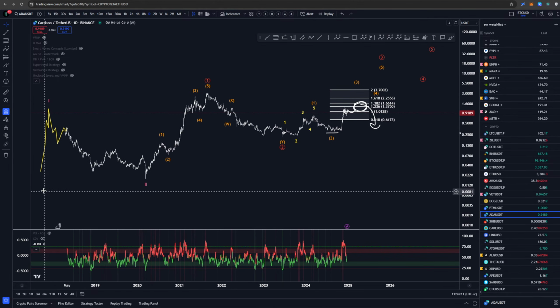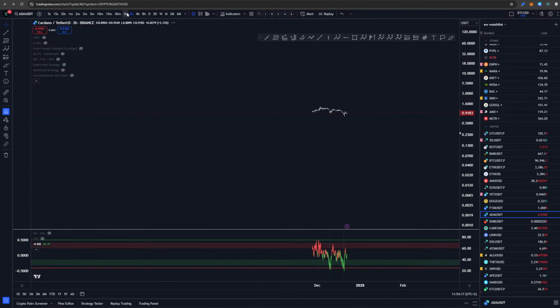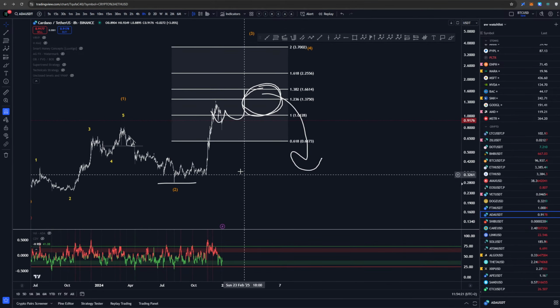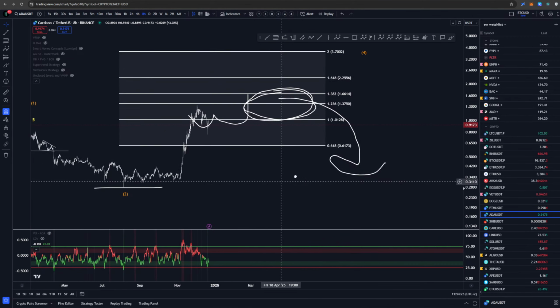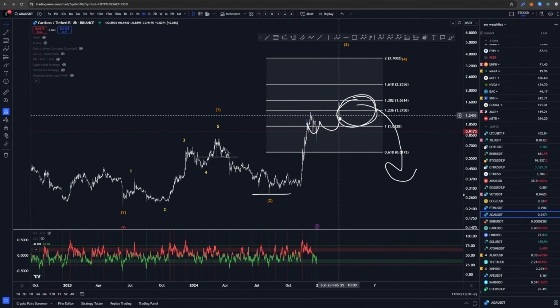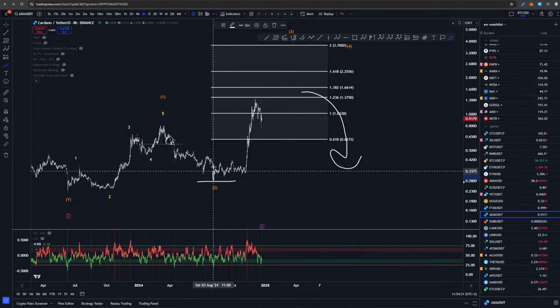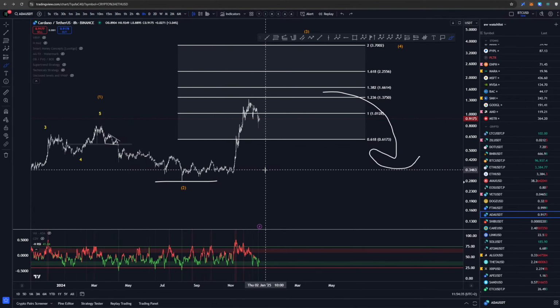So again, ADA, daily time frame, a potential 1, 2, 1, 2. What fits into this picture is that I really want one more high. This is so pretty. 1, some kind of 2, 3, 4, and 5.